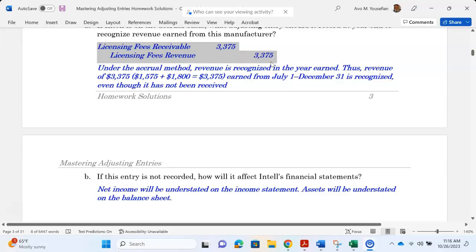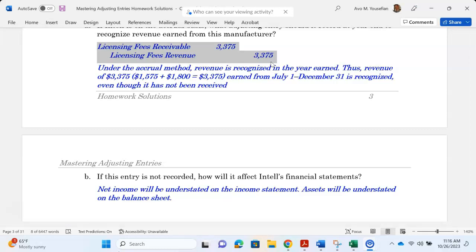That means net income will be understated. And if the net income in the income statement is understated, then the retained earning eventually in the balance sheet will also be understated. Make sense?